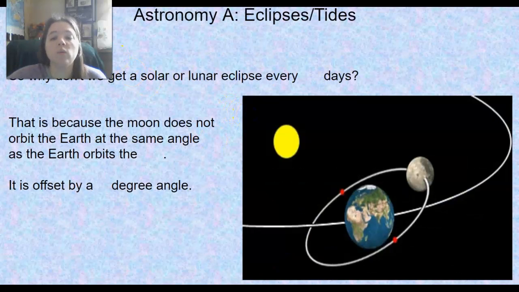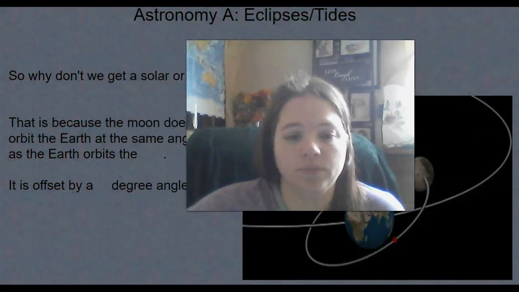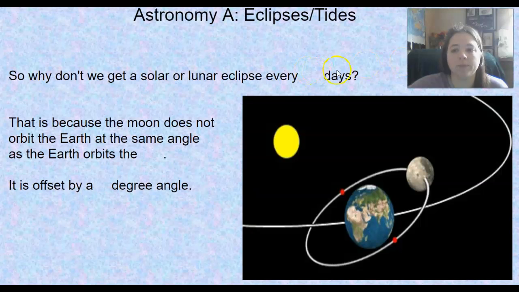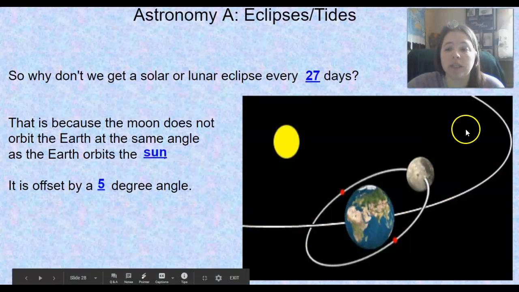Well, why don't we see a lunar eclipse every 27 days? Sorry about that. Why don't we see it every 27 days? Well, that's because the moon doesn't orbit the Earth at the same angle that the Earth is orbiting the sun. It's offset by a 5-degree angle. You can see that right here.